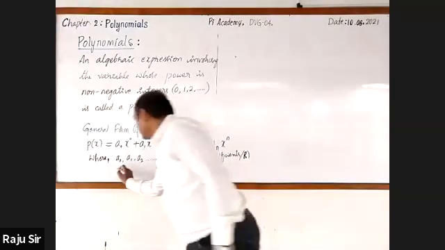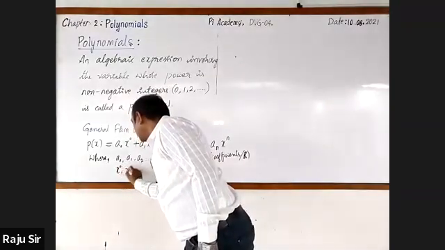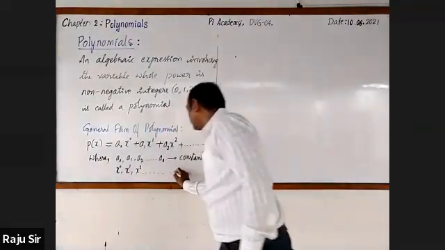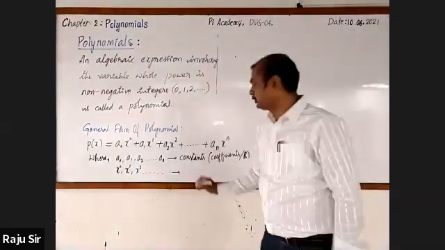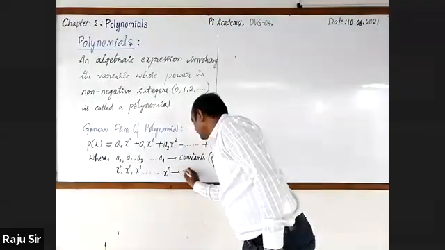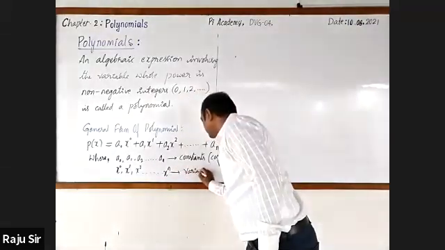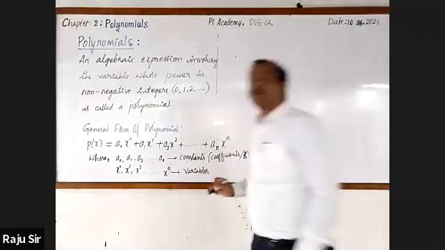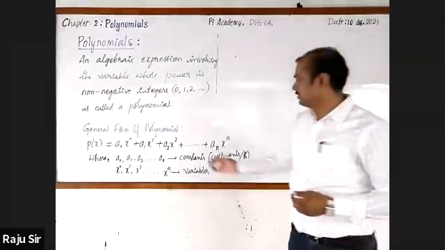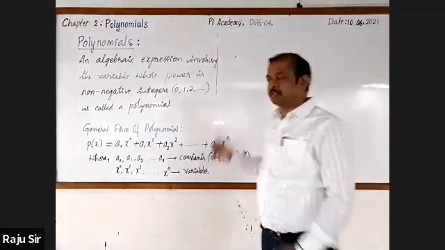Whereas x raised to the power 0, x raised to the power 1, x raised to the power 2 and so on up to x raised to the power n, they are all variables. Here n is a non-negative integer.